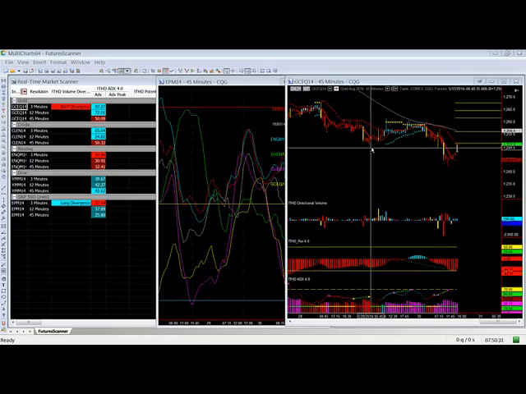So you can see all of the combinations that we have here actually give you advance notice that price is going to do something, and then we simply zero down in time to make sure that price actually is doing what we anticipated from the higher time frame.